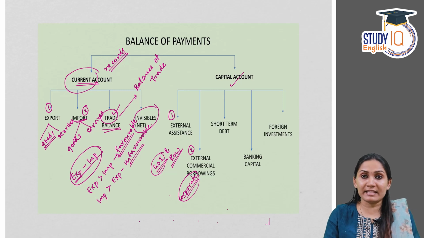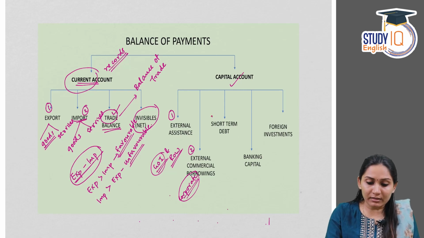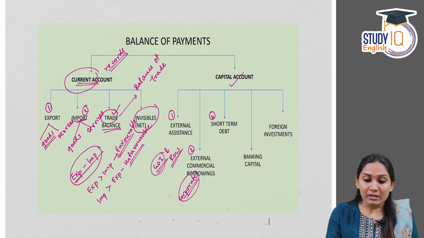That is, the corporates or companies in India borrowing money from rest of the world or from entities outside the country is called external commercial borrowings. Then third, we have short-term debt. Short-term debt refers to debt that is taken for a short period of time. Short-term here refers to 1 to 3 years.